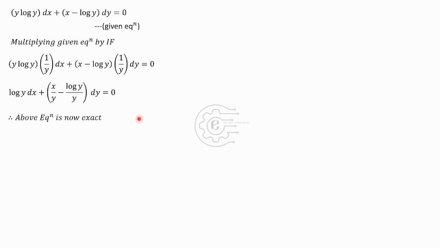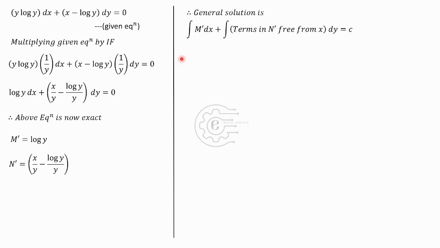Now this equation is exact and hence the value of M dash here will be log y and the value of N dash will be x upon y minus log y upon y, and the general solution is given by integration of M dash into dx plus integration of terms in N dash free from x into dy equal to c.